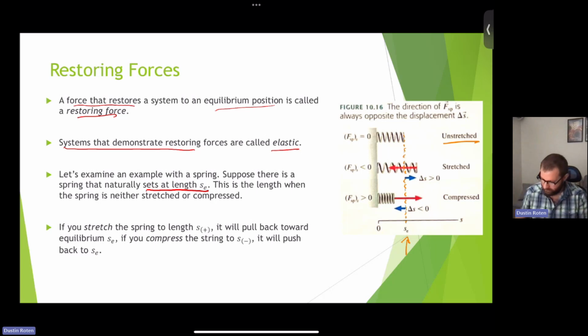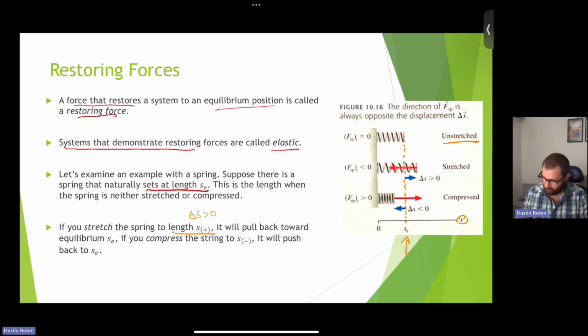We have our generic s-axis here. So we're going to displace the spring. Remember, displacement is final minus initial. Our displacement is going to be positive because the spring will wind up longer at the end than when it started, so a greater final minus initial. So we're going to stretch the spring to some positive length.